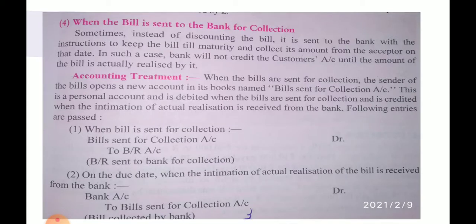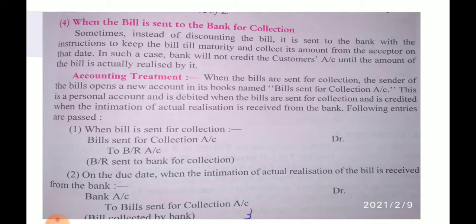Now, when the bill is sent to the bank for collection, sometimes instead of discounting the bill, it is sent to the bank with the instruction to keep the bill till the maturity date and collect its amount from the acceptor on that date. In such a case, the bank will not credit the customer's account until the amount of the bill is actually realized by it.